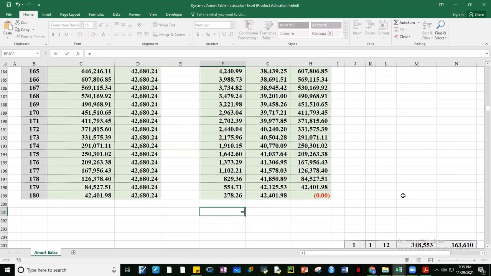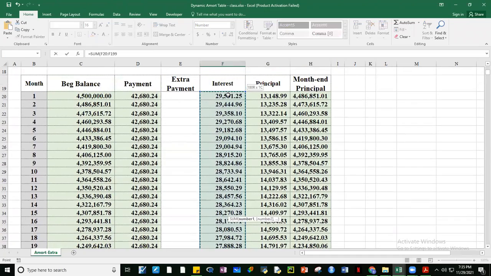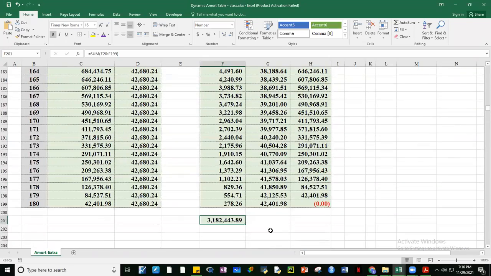Ito, lagyan natin ng is equal to sum. I-add natin lahat ng interest kasi ito eh. No? Magkano yung interest payments natin? Okay, so our interest payment is yung kanina, 3,182,443.9. Magkano yung principal payment? 4.5 million. Tama tayo.